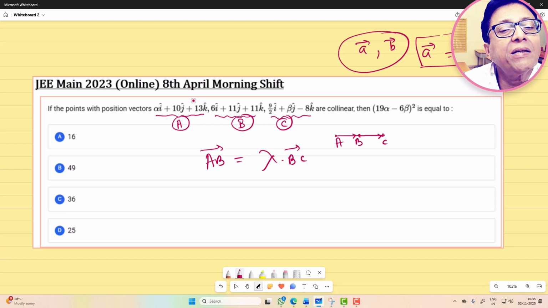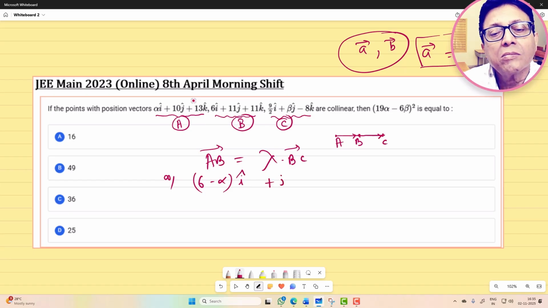This we can write. Now AB vector is what? Position vector of B minus position vector of A. So (6 - alpha) i + j - 2k is going to be equal to lambda into BC vector.